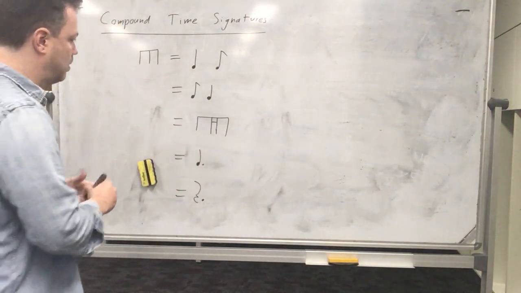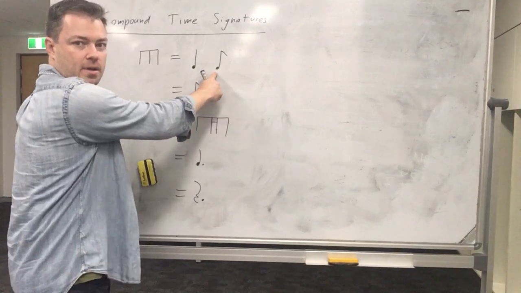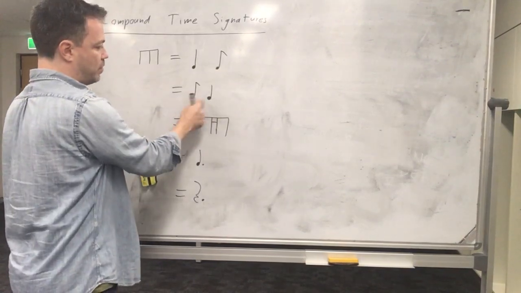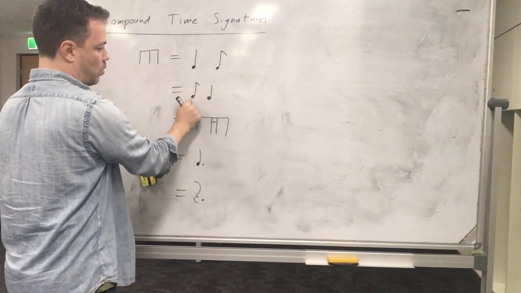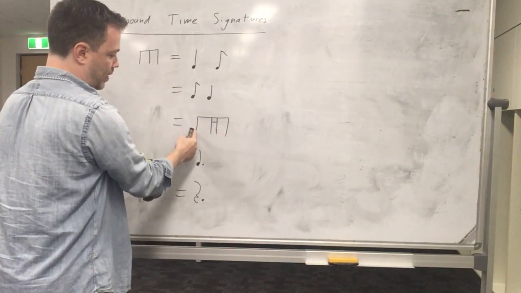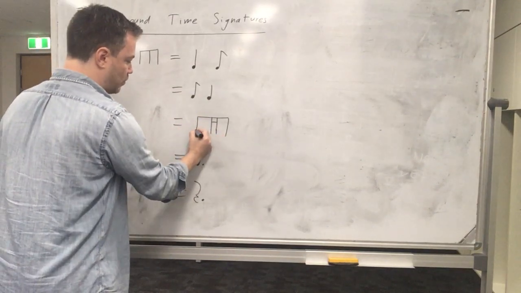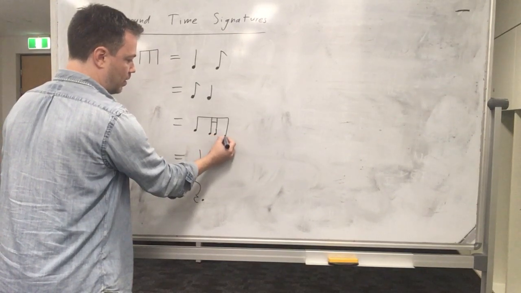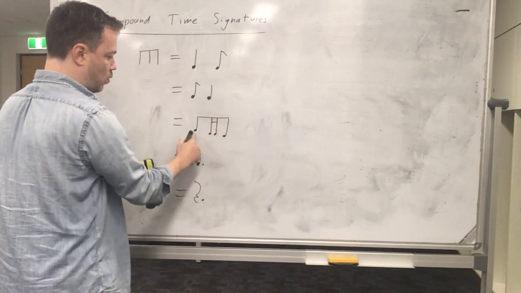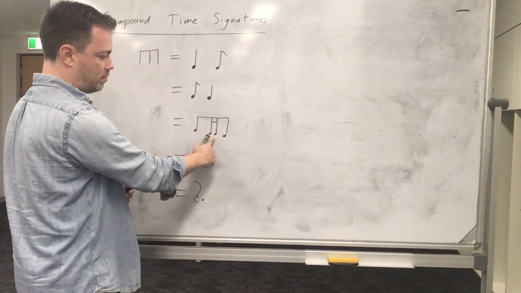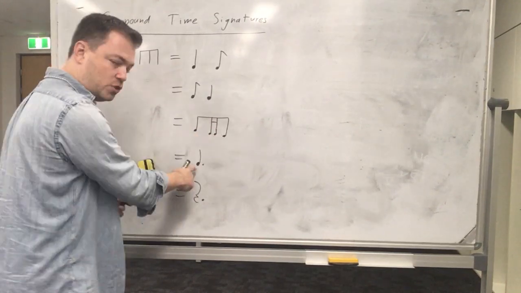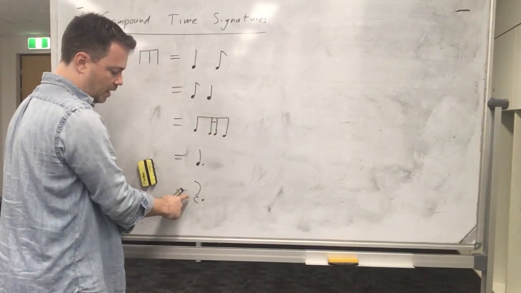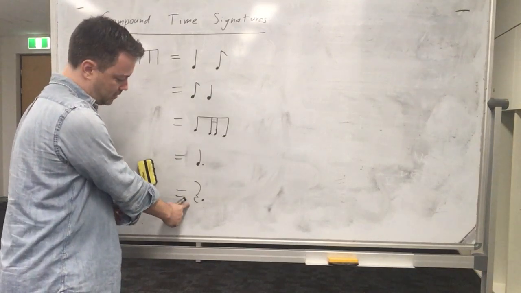So we have a crotchet and a quaver, and just swap around, a quaver and a crotchet. These of course all have dots on the end if you want to go that far. How about I go that far? So we have a quaver, 2 semiquavers and a quaver. We have a dotted crotchet and we have a dotted crotchet rest.